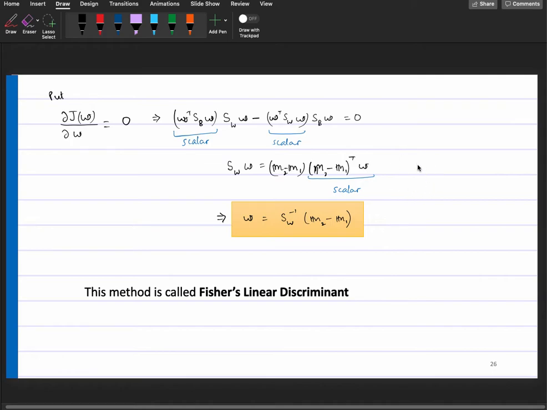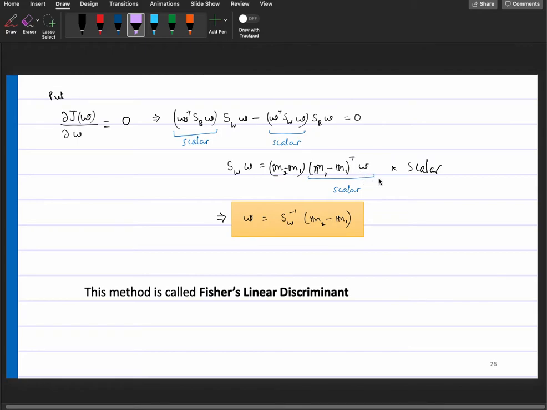So assume that it is there somewhere here, into some scalar. Now let us look at this thing. If I multiply M2 minus M1 transpose into W, this will again become a scalar, right?